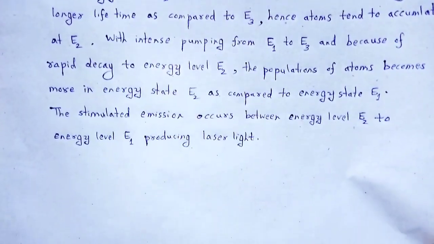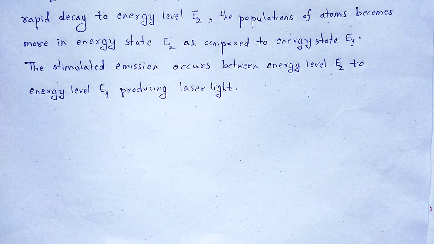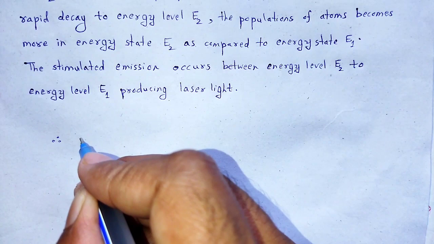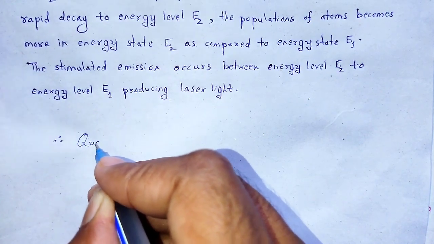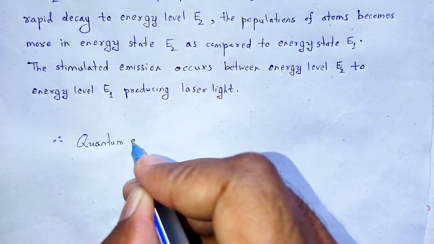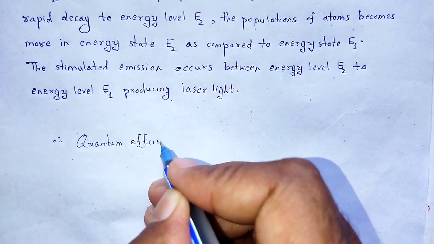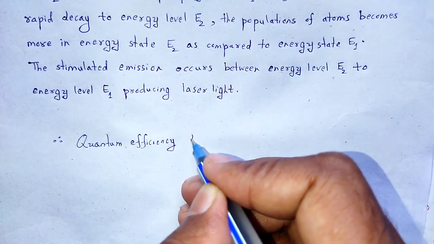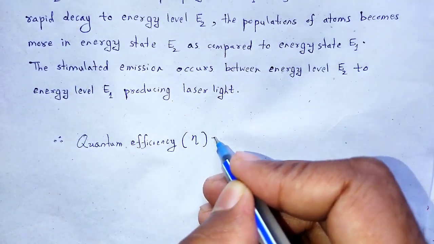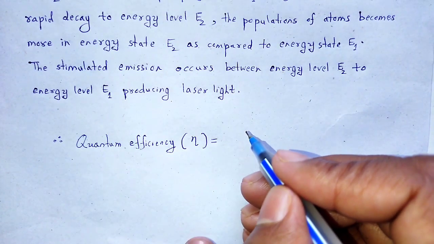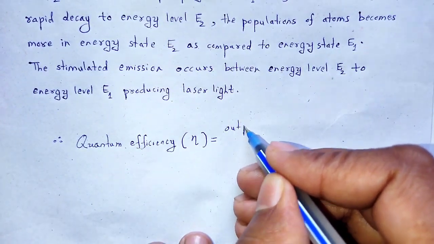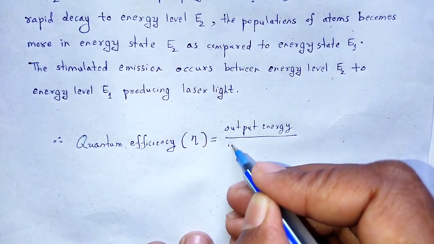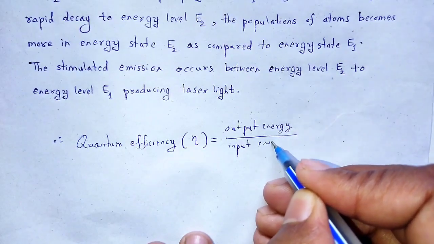In case of 3-level laser system, if we calculate the efficiency, the term we use is quantum efficiency, denoted by eta. It is the ratio of output energy to input energy.